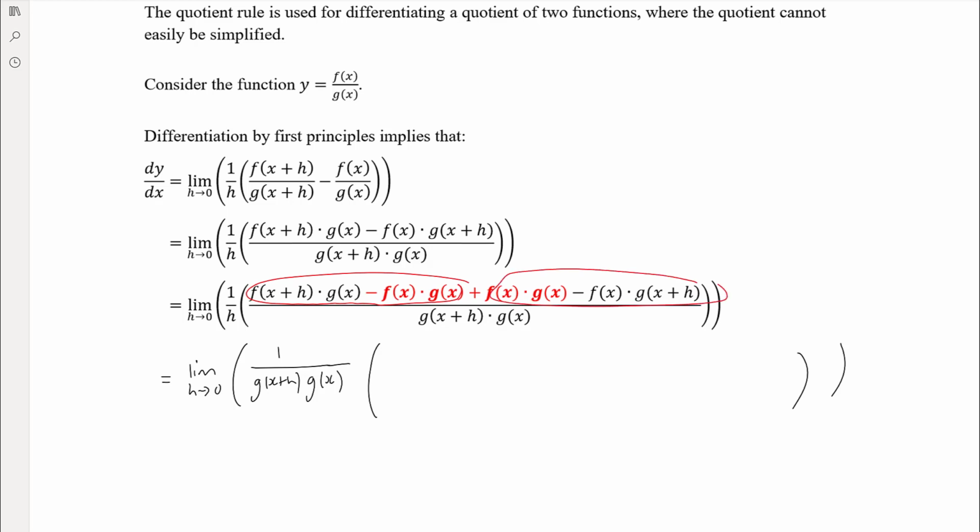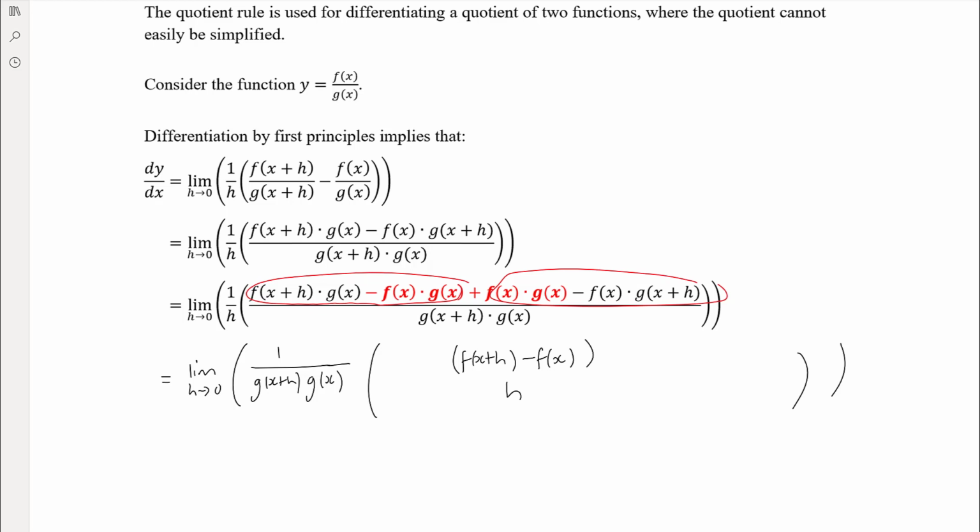So g of x is common in those first two terms. So I'm going to take out g of x, and then I'm going to have f of x plus h minus f of x divided by h. Now again, you can have that g of x up there in the numerator of the fraction. It's the same thing as writing it out there.